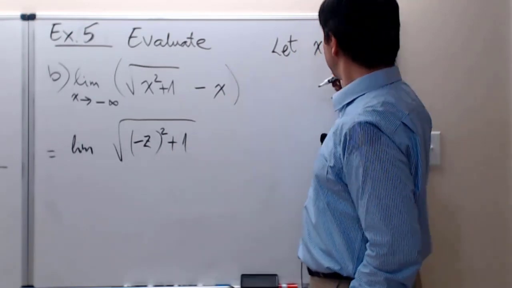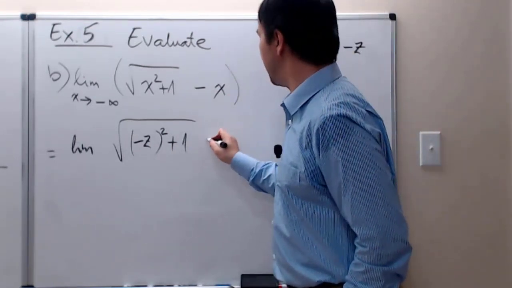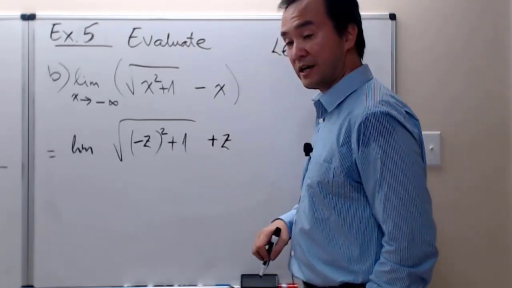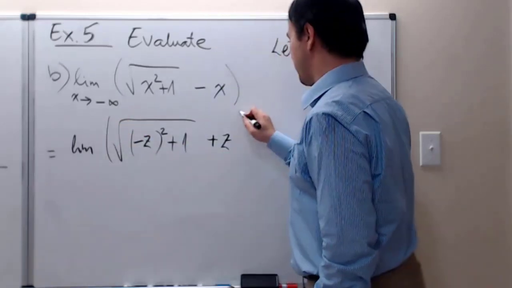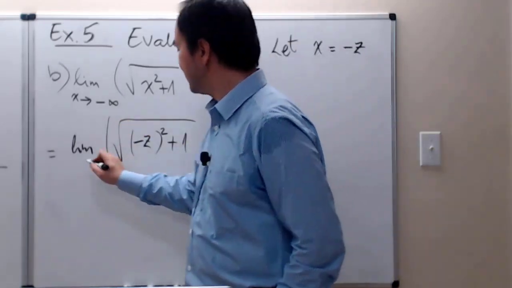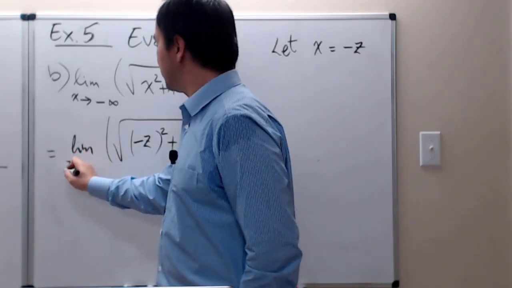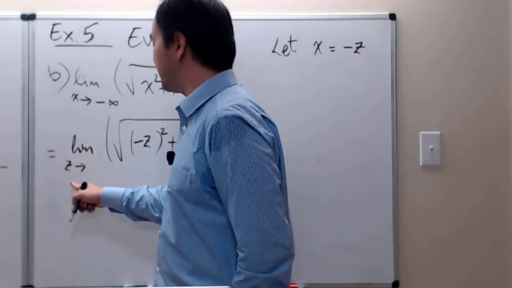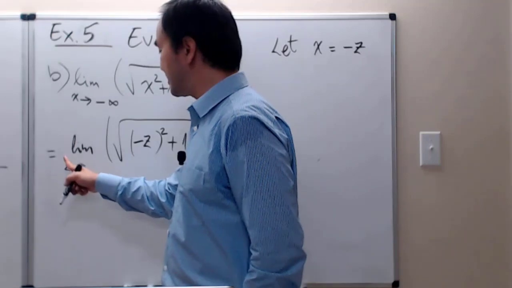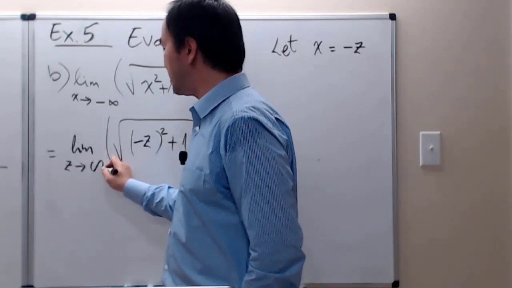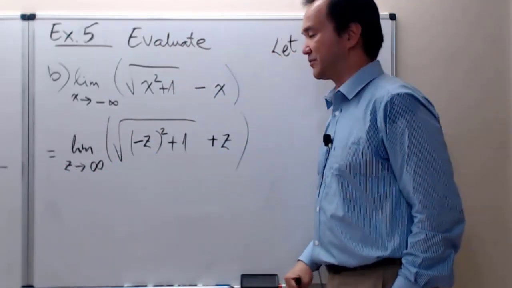This minus x is substituted by minus z, so here I'm looking at plus z algebraically. This expression is our new function with a new variable, and now we reproduce the problem as a limit problem where z approaches positive infinity.